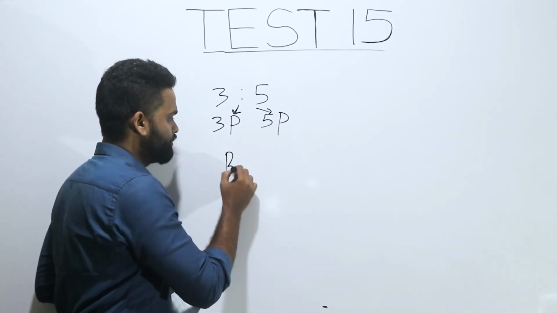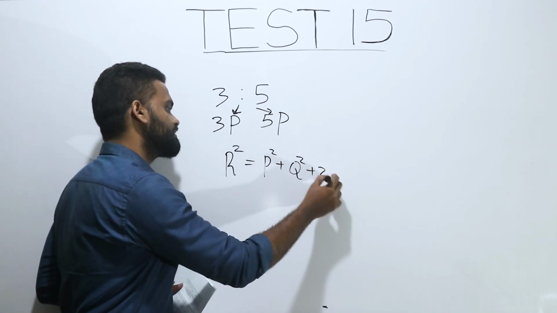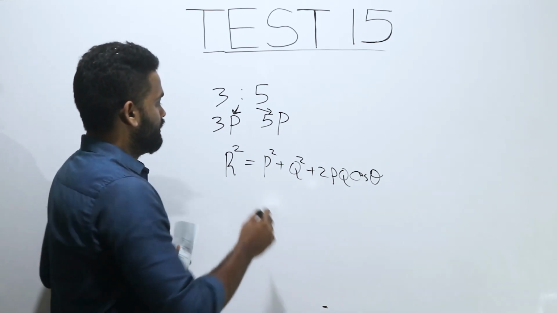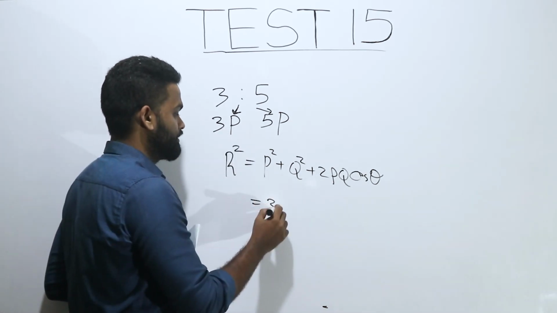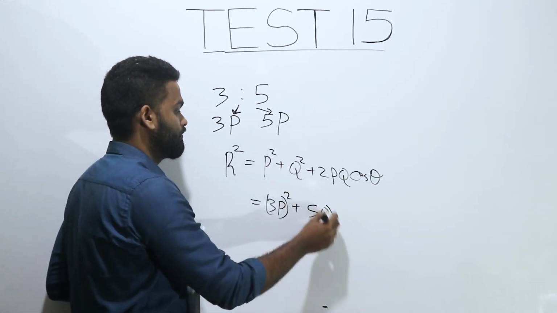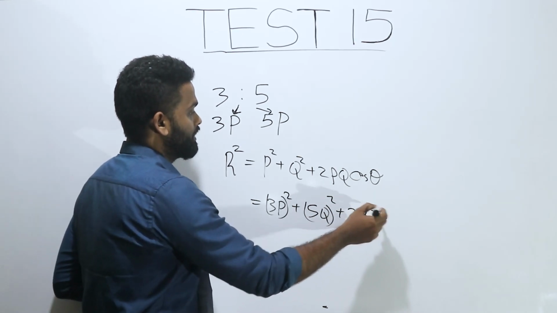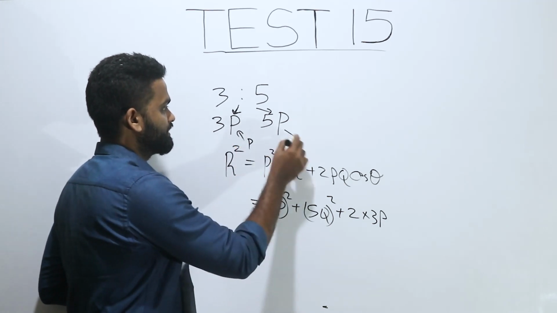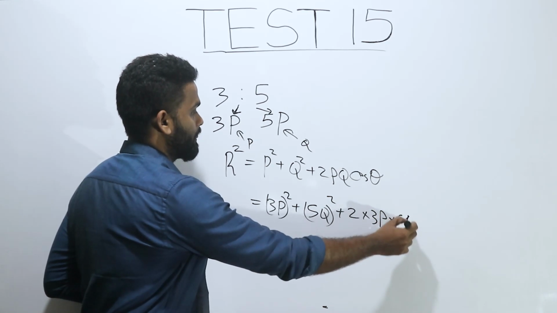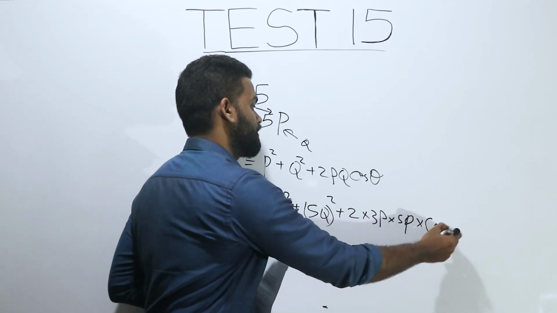Then you have to use this equation: R squared equals p squared plus q squared plus 2pq cos theta. So for p squared you can substitute (3p) squared, and instead of q you can use (5p) squared, plus 2 times 3p, this is the P force, this is the Q force, Q is 5p, times cos of the angle, which is 60 degrees.